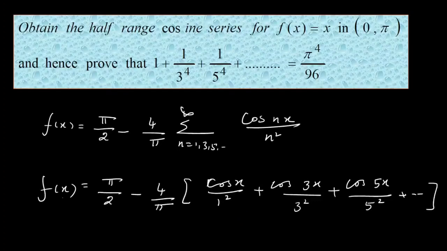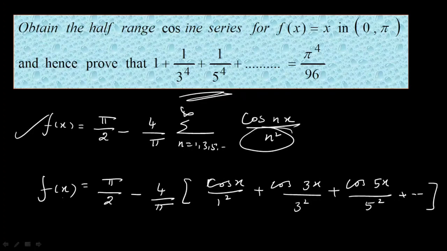Now look at here. After finding f(x), look at the deduction part here. The deduction part is twice the power. In our general form of f(x), the denominator of the cosine series consists of n squared. Look at the deduction part, the series consists of a power that is 2 times more than what we have now.